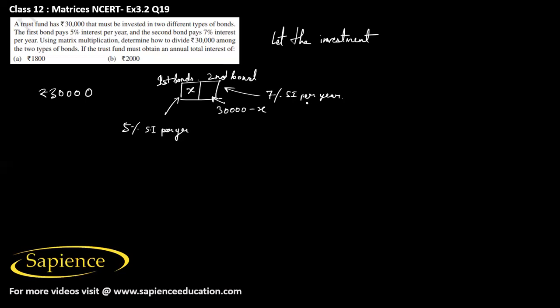So here, using matrix multiplication, we have to find how to divide this entire trust fund, rupees 30,000, among the two types of bonds. So if the trust fund must obtain an annual interest of this and this, okay.